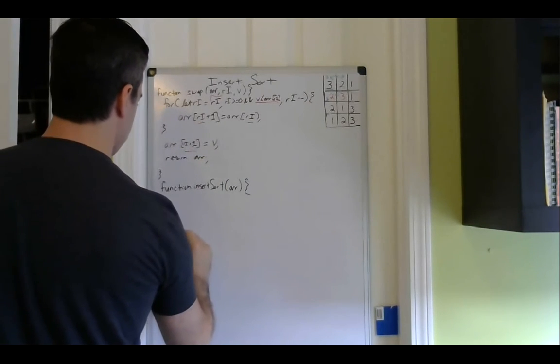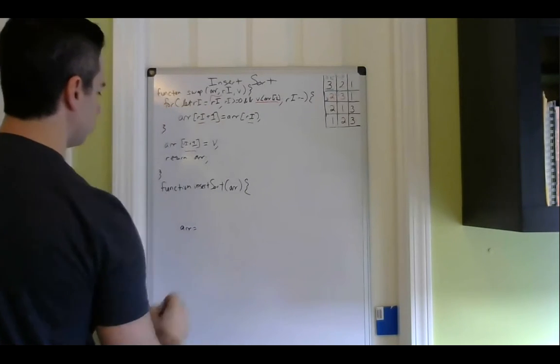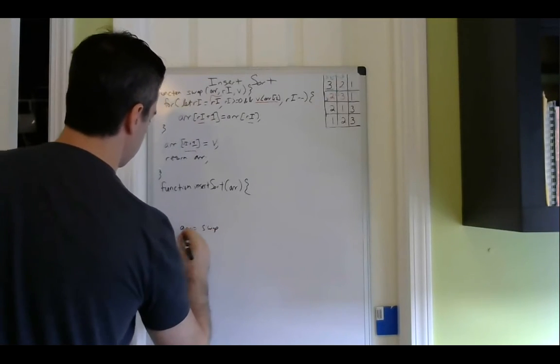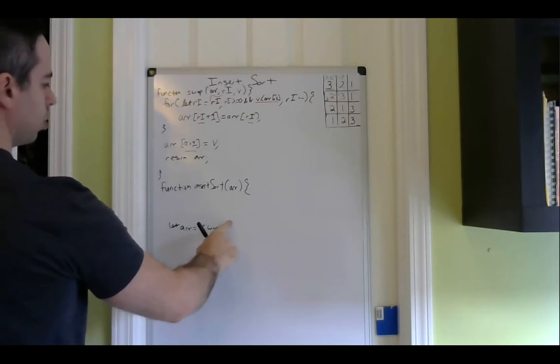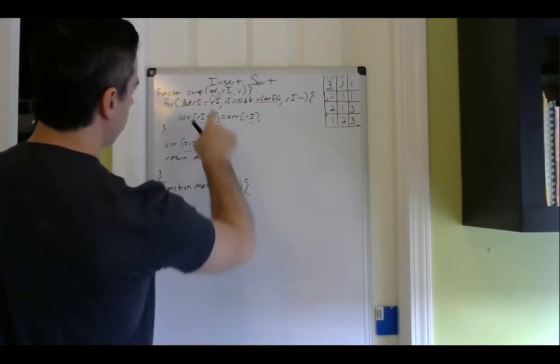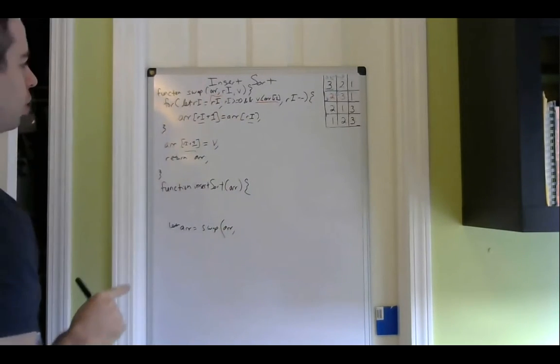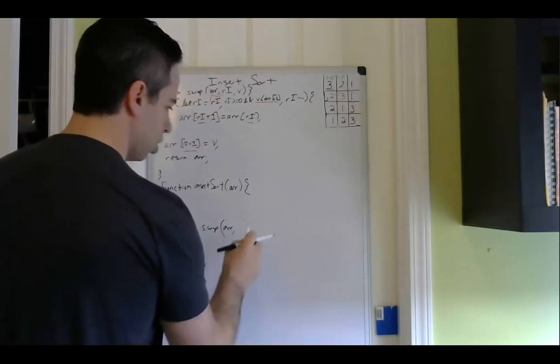All right. So here we're going to say let array equal swap of what? Our array. That's the easy part. The right index. What is the right index? We're going to find out what the right index is. Let's not do that yet.